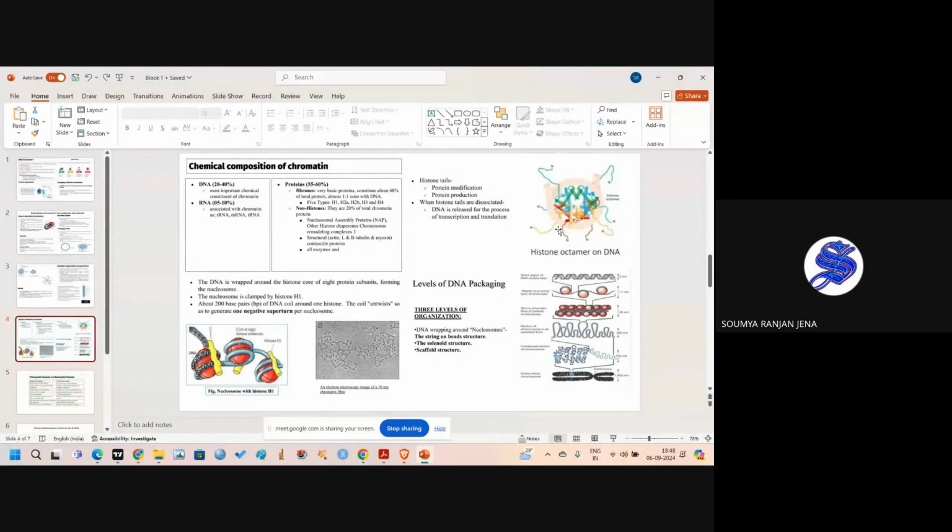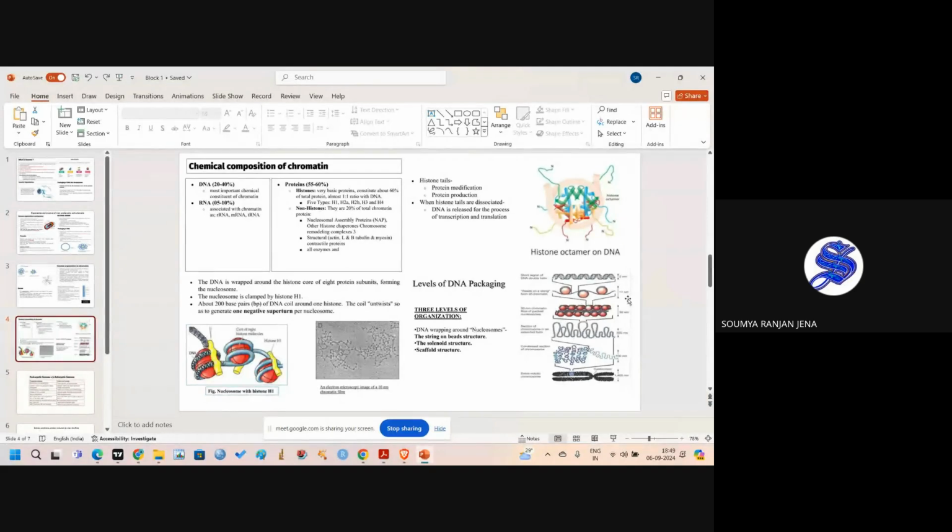inside the cells. Then, if we go to the different levels of packaging, the DNA is in a 2 nanometer form, the linear structure of DNA. Then it surrounds the octamer of histone molecules to form beads on a string of chromatin, 11 nanometers in length.